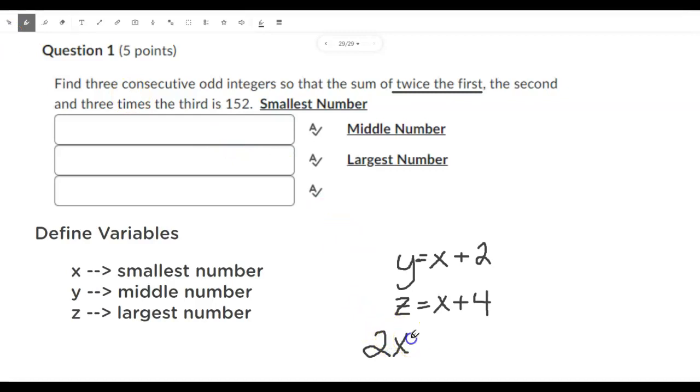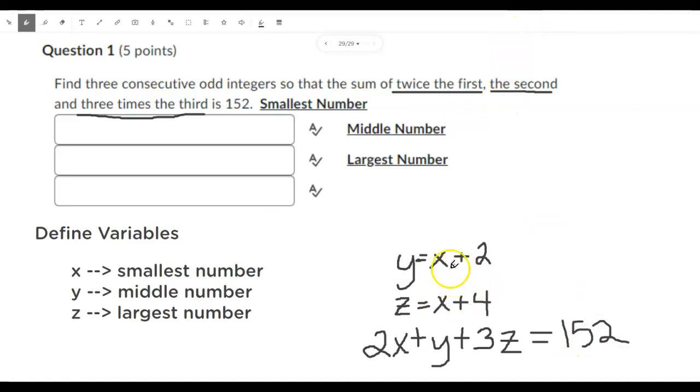Twice the first plus, and we're looking for the sum, the second and 3 times the third is 152. So those are your equations.